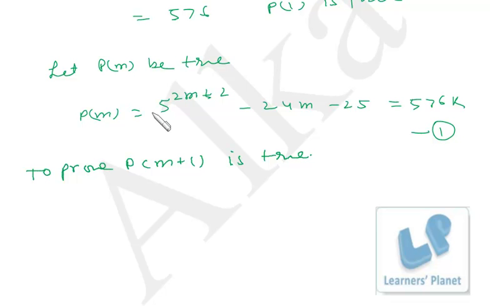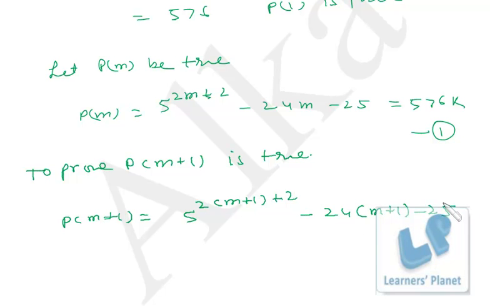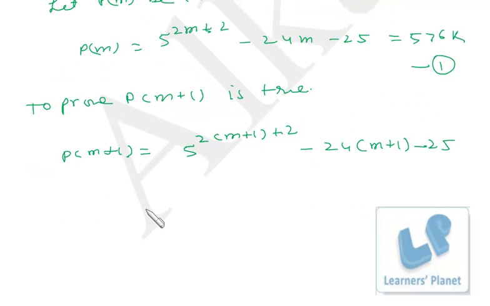So let's see. P(m+1) is equal to 5 raised to 2(m+1) plus 2 minus 24(m+1) minus 25. Okay, we simplify this.